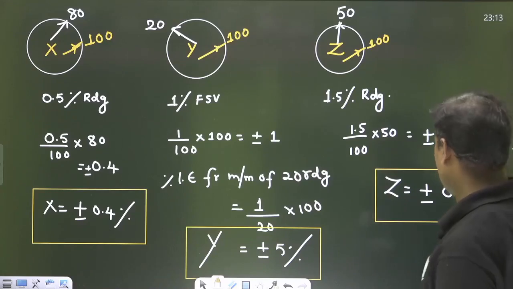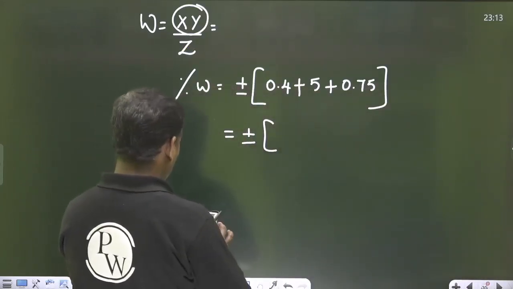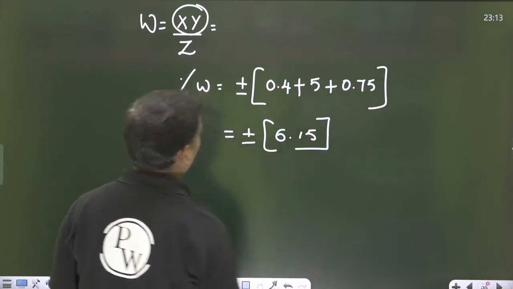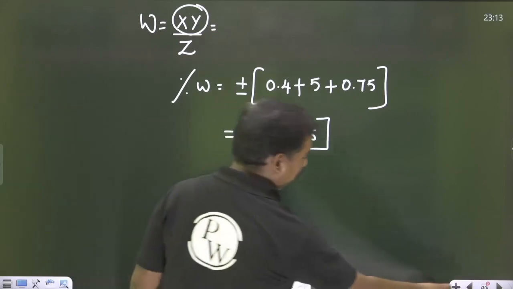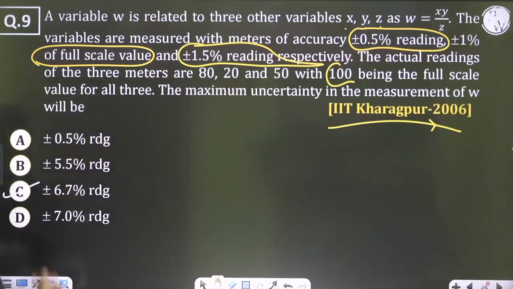Please check this answer. We are getting 6.5 here. Okay, I think the closest option we are getting here is option C. But these C and D are very close.